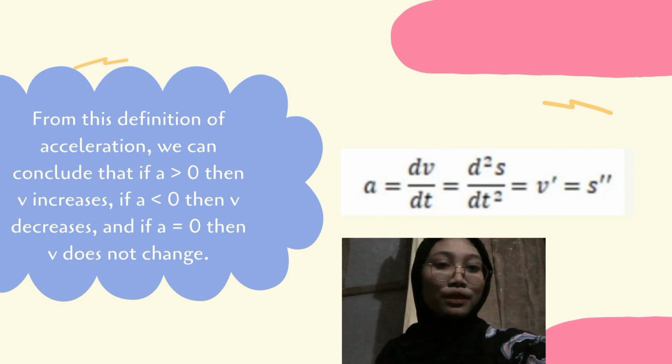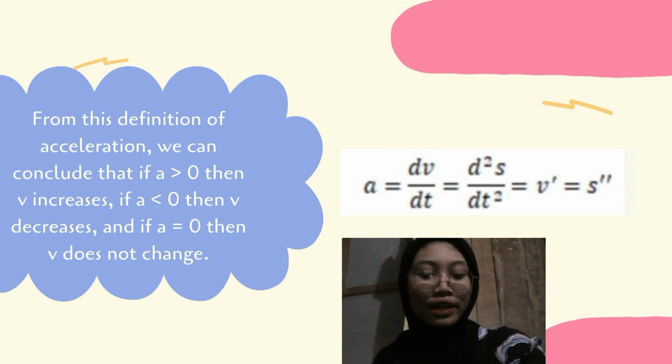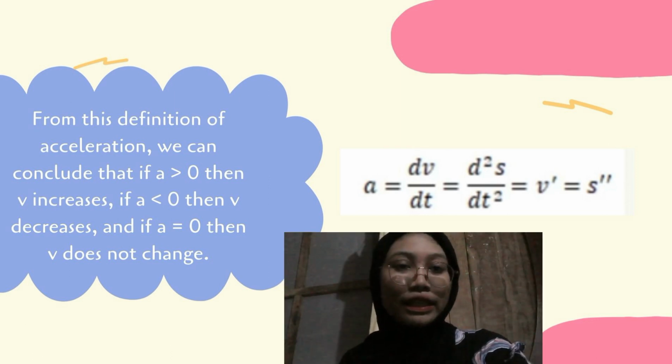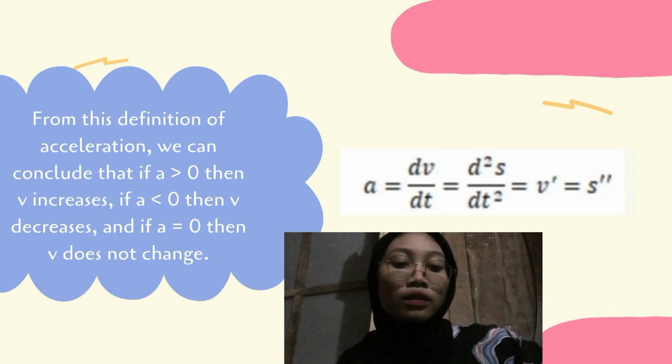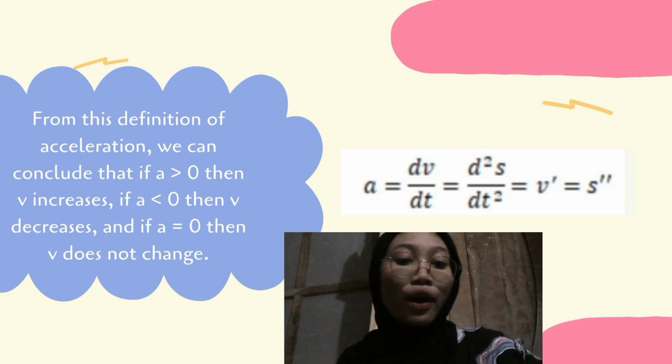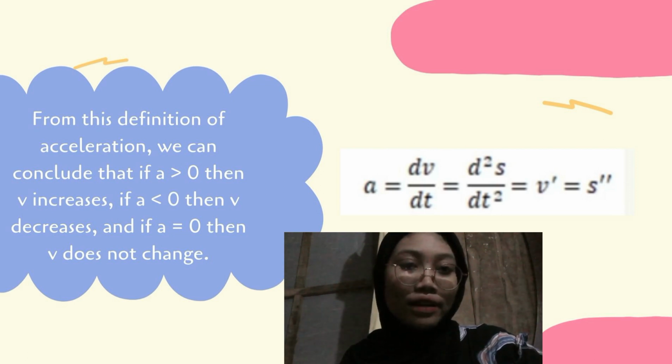We can see the formula: a equals dv over dt equals d squared s over dt squared equals v prime equals s double prime.